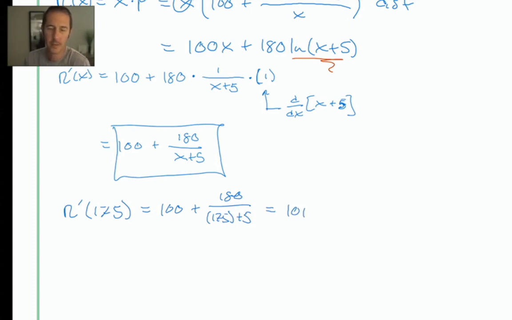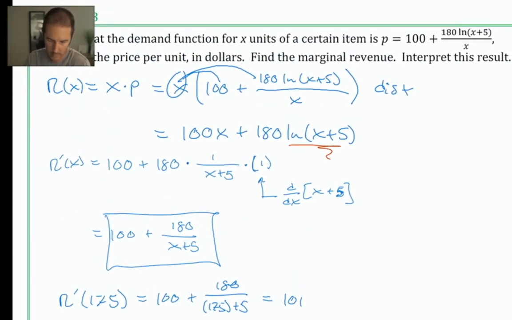What does that tell us? It tells us that when we're producing 175 units, there's a certain amount of revenue, and that if we increased to 176 units, our revenue would increase by $101, presumably. We weren't given anything other than price per unit in dollars, not in millions of dollars or anything like that.